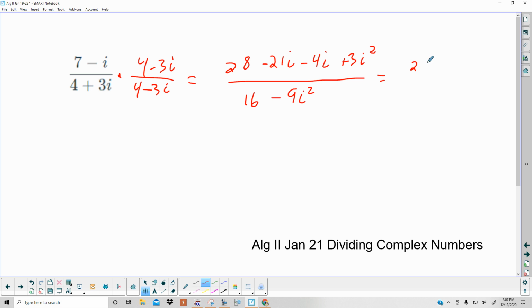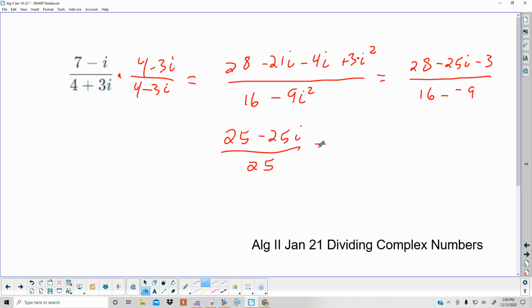The top becomes 28 minus 25i minus 3, or plus a negative 3, because that's a positive 3 times a negative 1, over 16 minus a negative 9. So the top becomes 25 minus 25i over 25. Split it: 25 over 25 minus 25i over 25. And you get 1 minus i.